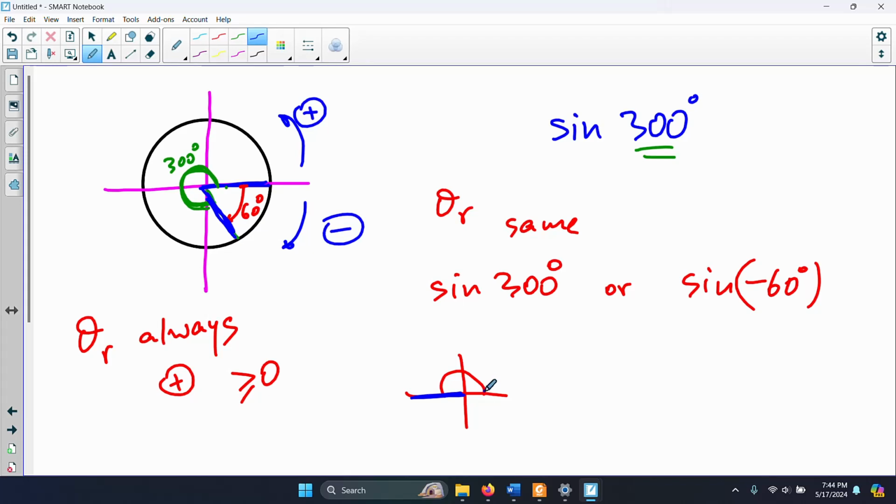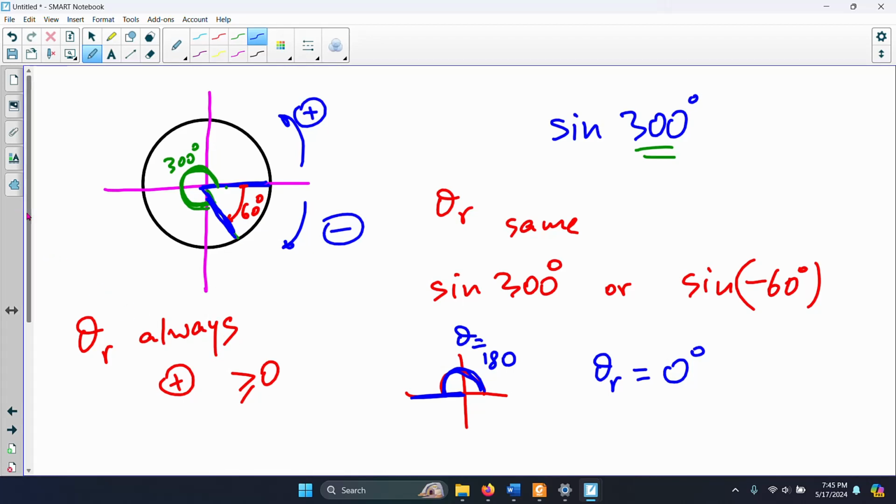However, if we land on the x-axis itself, like right here, this angle is 180, the actual theta is 180, but the reference angle is 0 degrees. We landed on the x-axis. So the reference angle is the angle that the terminal side makes with the nearest x-axis. Be very clear, it's the nearest x-axis, not the y. I shouldn't say I don't care about the y, but that's not where we measure from.